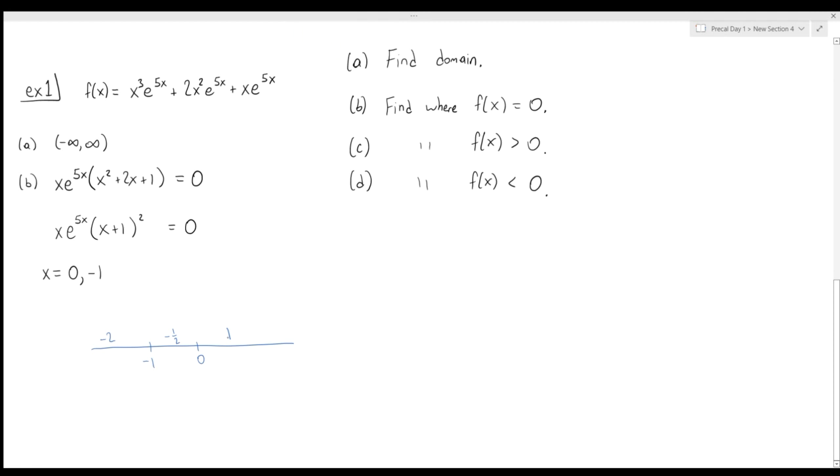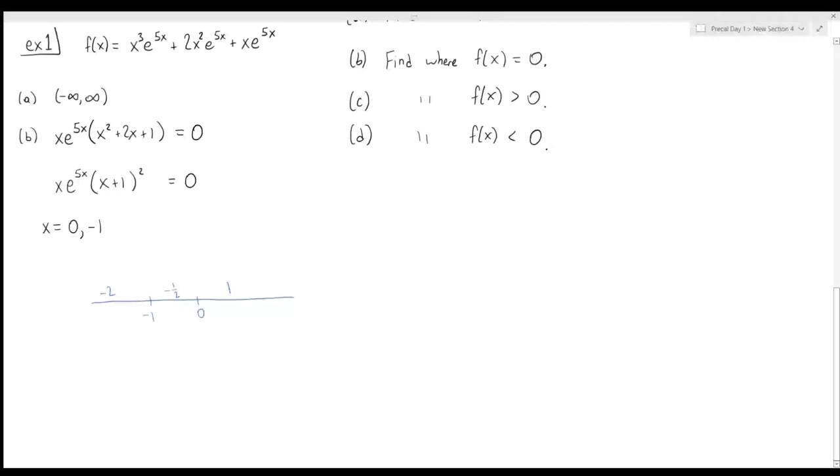And we'll want to plug them into our function. Okay, so if we plug -2 into the function, then, of course, x would be negative.